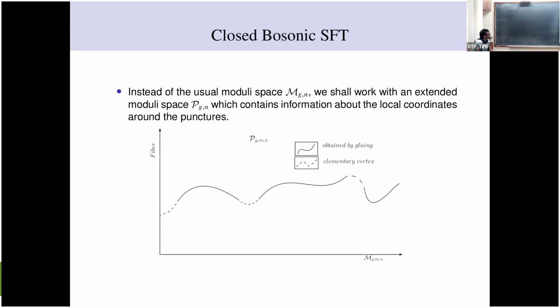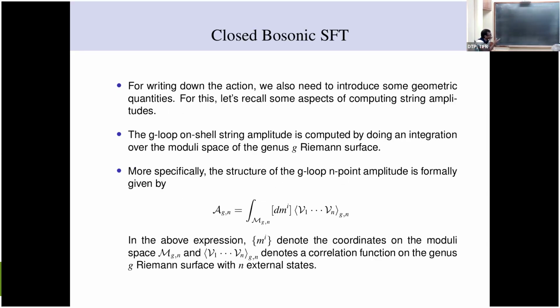However, for string field theory, we are not going to work with this M_{g,n}. So instead of this usual moduli space M_{g,n}, we shall work with an extended moduli space, which we shall denote by P_{g,n}. And how is it different from M_{g,n}? It contains information about the local coordinates around the punctures. So you have some Riemann surfaces on which you have inserted some vertex operators. Usually, when we try to compute the on-shell amplitude, we don't care about what the coordinate system around those vertex operators is.